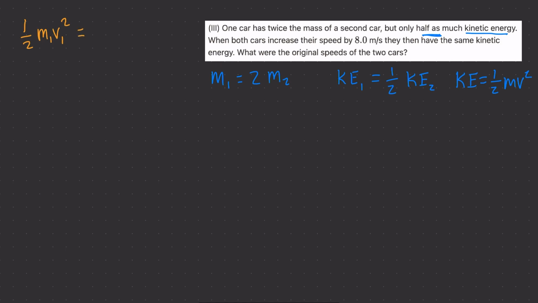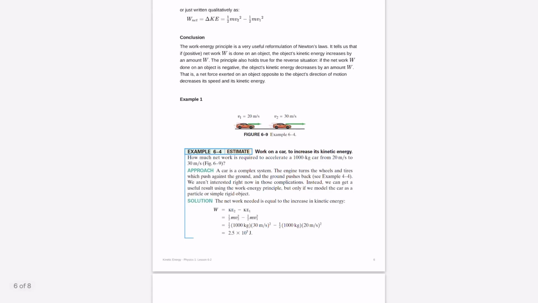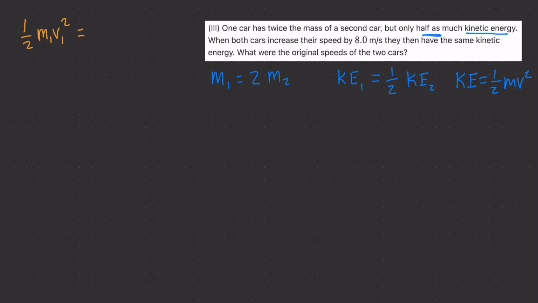And we're going to set that equal to 1/2 m2 v2 squared. Now, that's actually not quite true yet because we have here that the relationship is this.